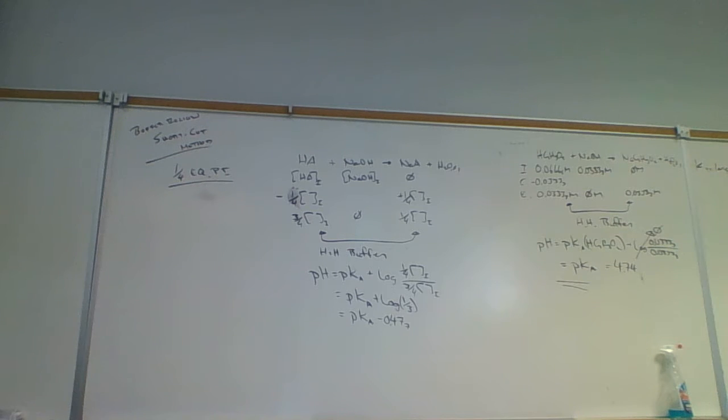Here it's 4.74. At 7.5 mL, because we offset it, it would be 4.74 minus 0.477.